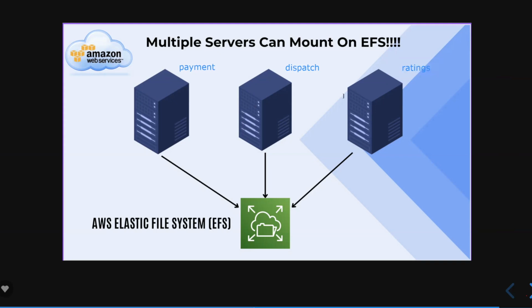All of them belong to one e-commerce application. Whatever payments are done, that information would be written on this file share, and that information has to be read by the dispatch application, which does some processing, and once the processing is done, it has to update that information. Once an update happens on this file, the ratings application has to write its data. That means one file or multiple files from a single point are being read or written multiple times.